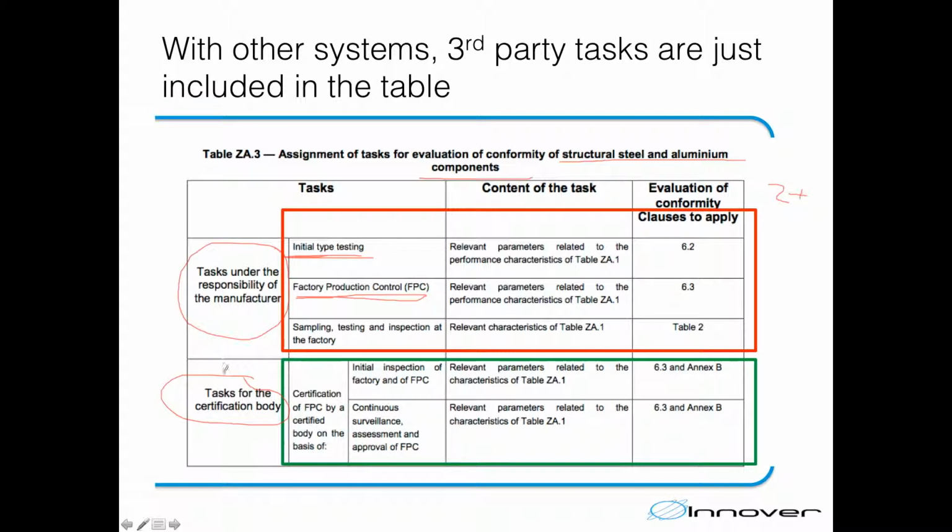As for the certification body, they would be responsible for the initial inspection of factory production control and also the continuous surveillance, assessment and approval of FPC. So basically this would mean that you would set up the FPC system and then you would ask a certification body to give you a certificate for the FPC system. So basically this certification body would just determine if you have set up the FPC correctly or not.